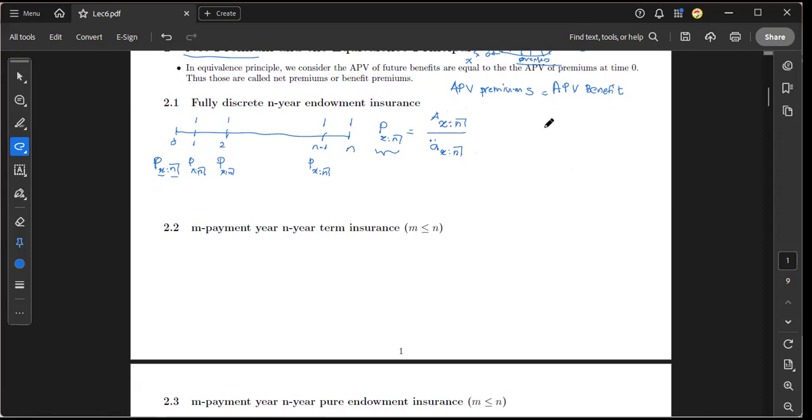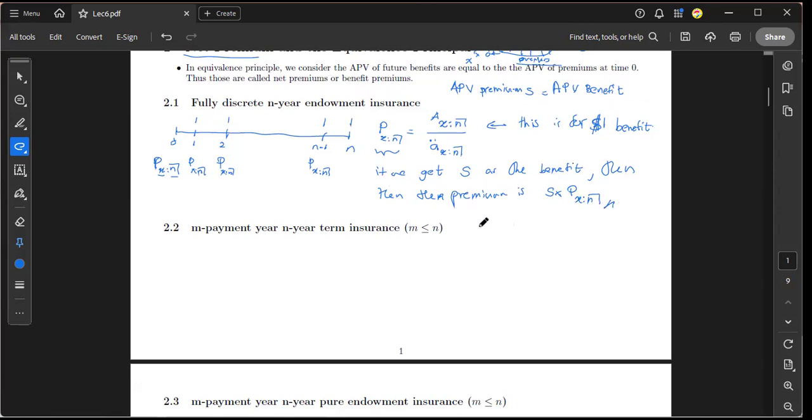So this is for a $1 benefit. If we get S as the benefit, then the premium is S times the $1 premium.